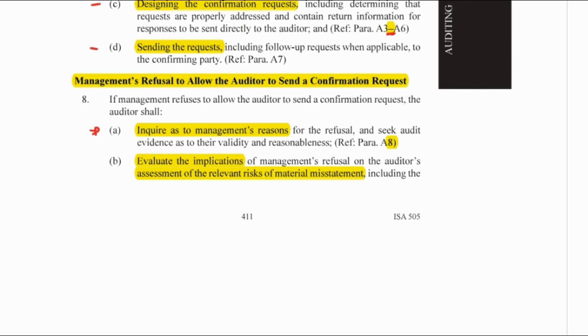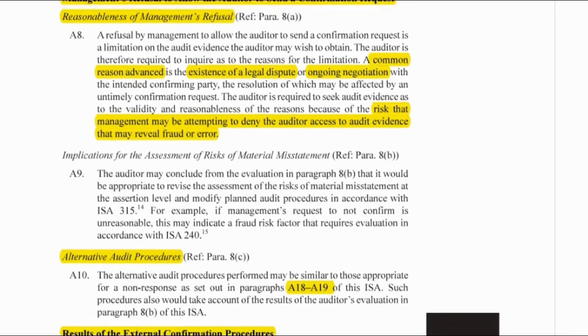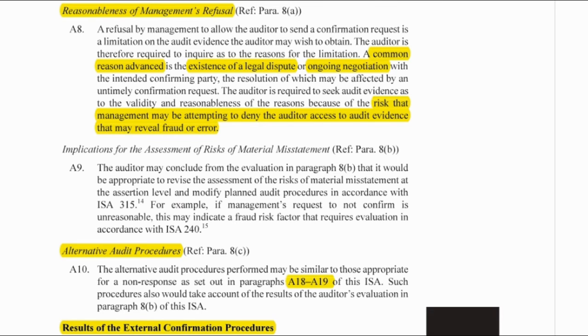First, find out what the reason is and evaluate the implications. And that's because it says that could be a common reason, a legal dispute or ongoing negotiation, and they don't want us to be getting involved with that third party. However, just note that if they refuse, it could also be an indication of fraud. Third party doesn't actually exist.